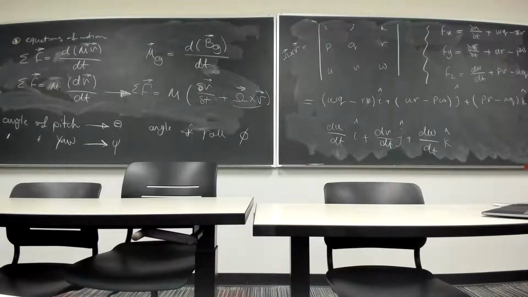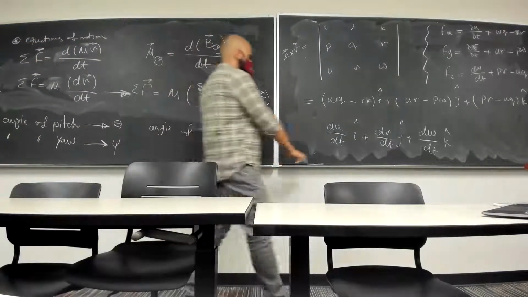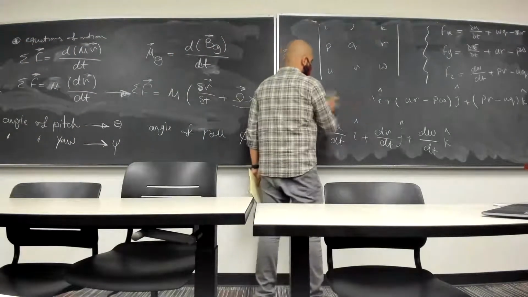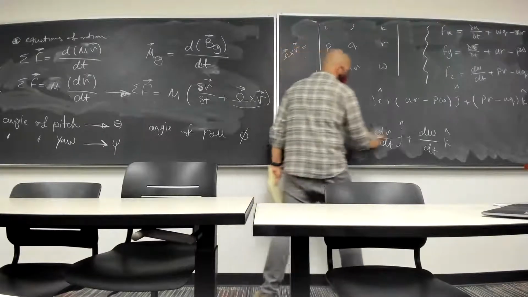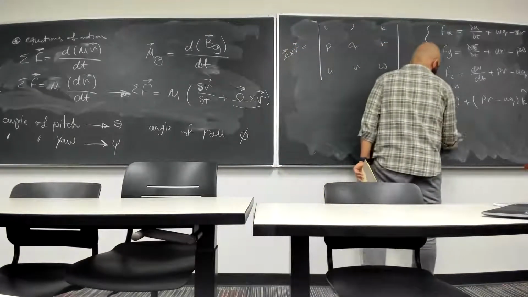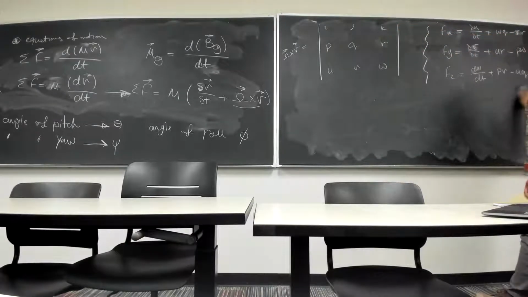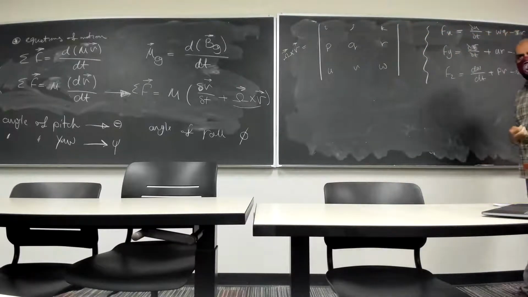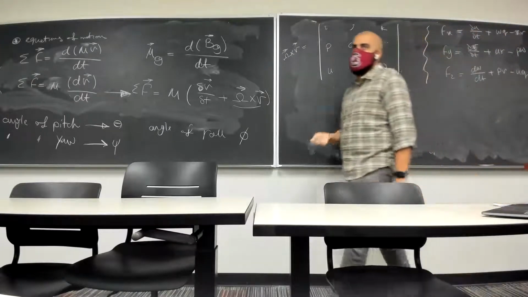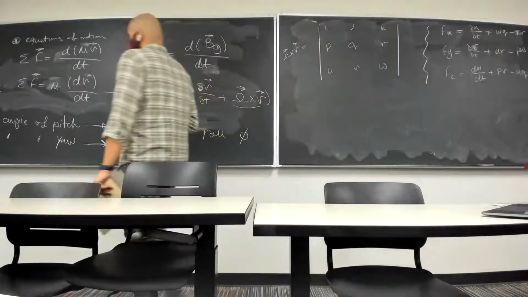For linear motion, though, what are the forces that are present in a flight? What are the most dominant forces present in a flight? Your aerodynamic forces, whatever those are, can be drag, thrust, lift.